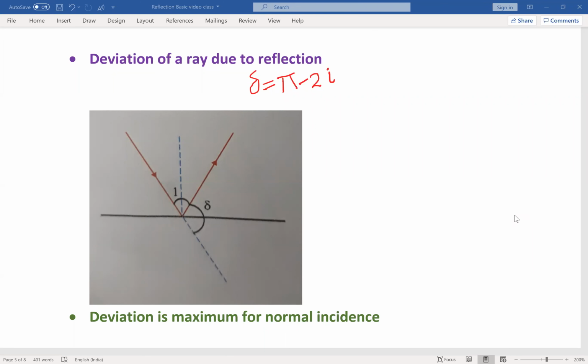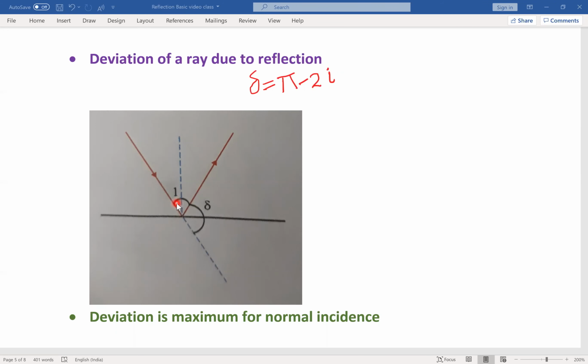Whenever light reflects, it deviates from its original path. In such a case, how much will the deviation be? If you want to see that, let us go with this. See, this is the incident light. It is supposed to go this way, but at this point of incidence, it reflected like this.